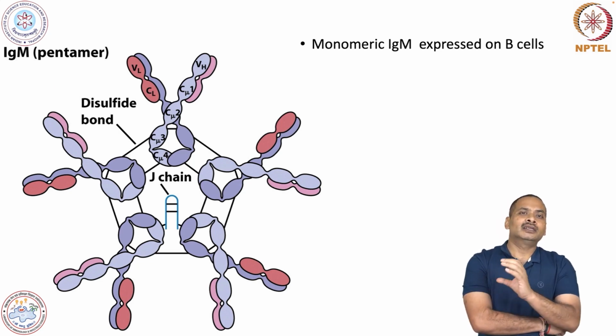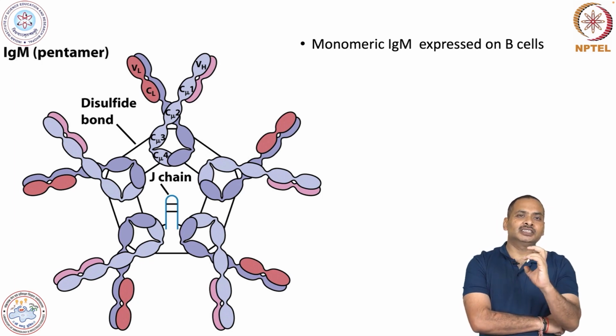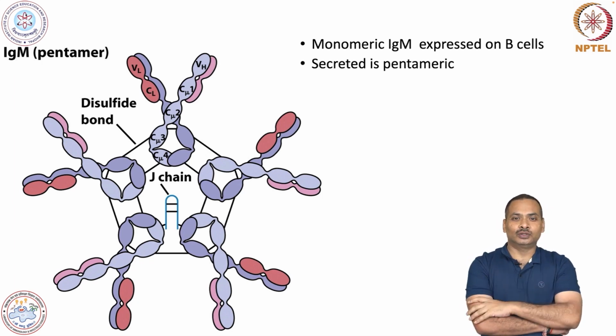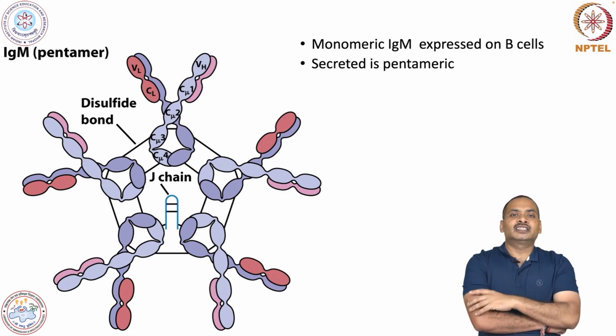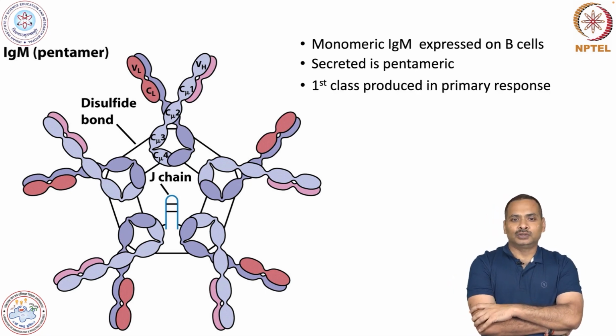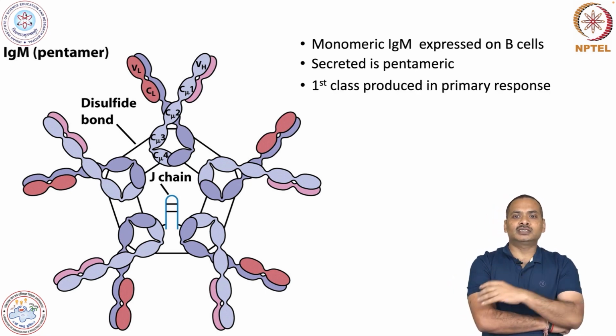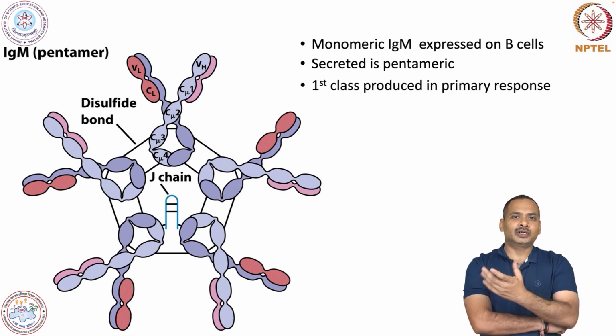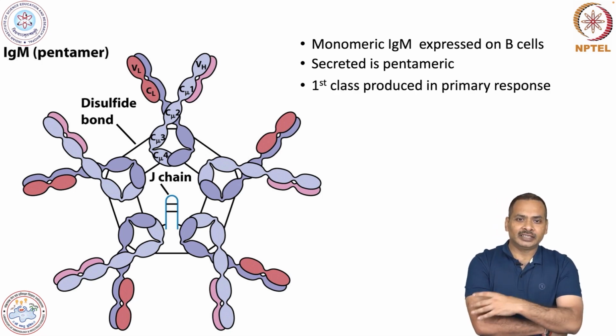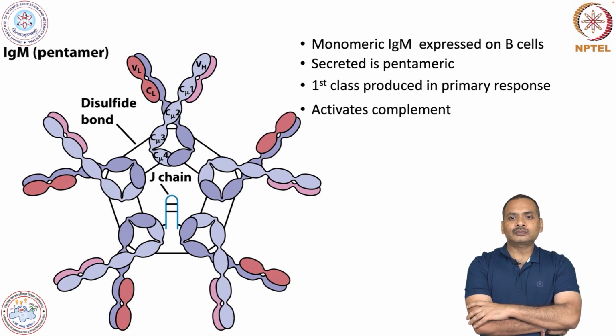And on mature B cells, IgM is present in monomeric form. But when it is secreted, then it is secreted in pentameric form. This is the first class produced in the primary immune response.